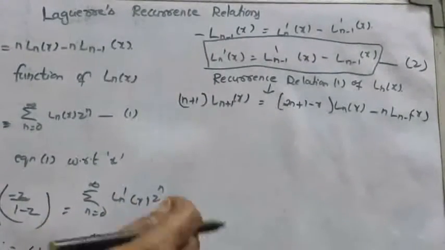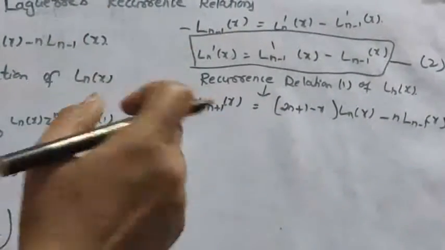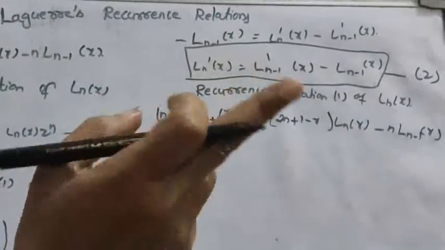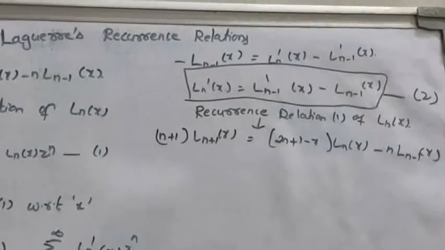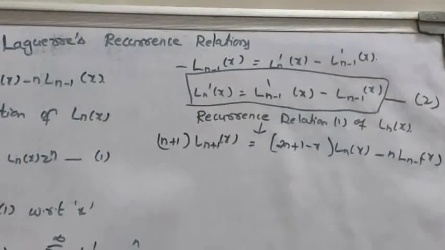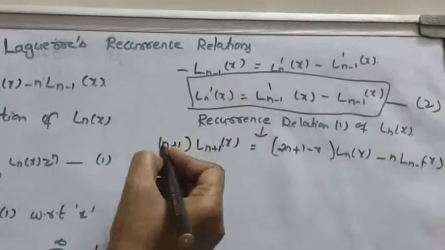After equation 2 we have considered the recurrence relation 1. Now for this recurrence relation 1 we are going to apply differentiation with respect to x.